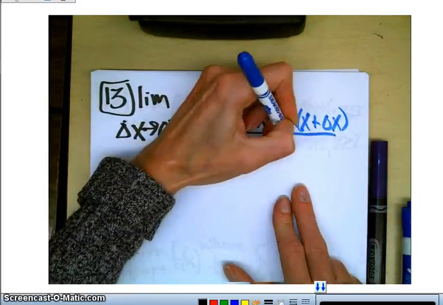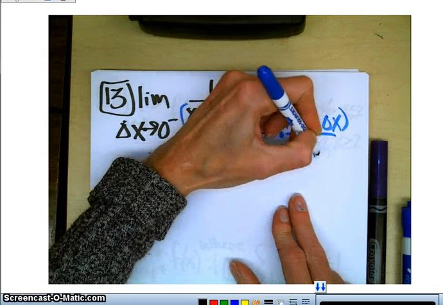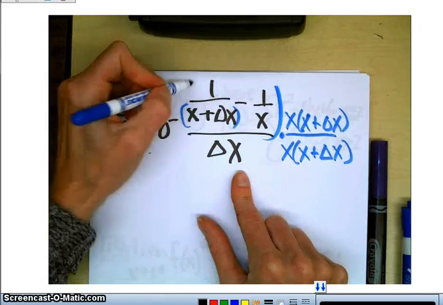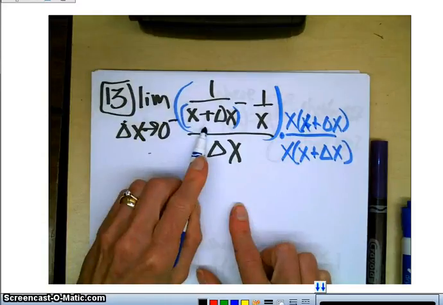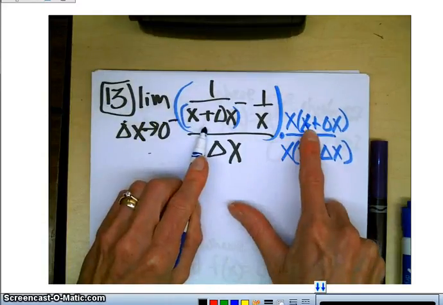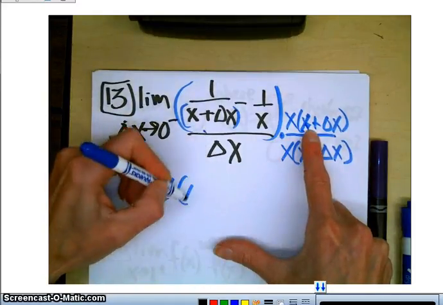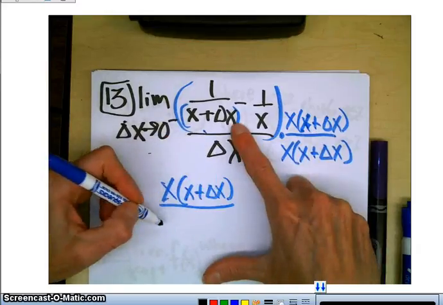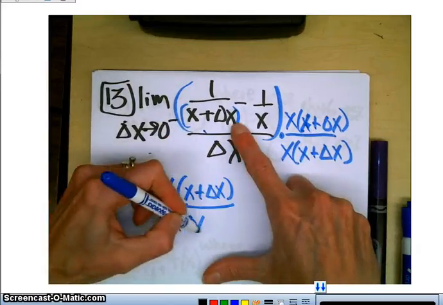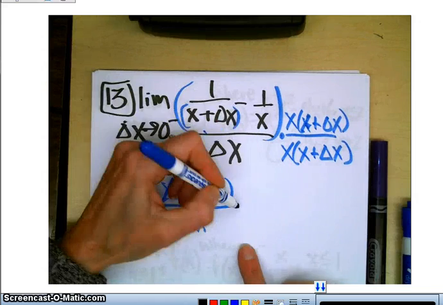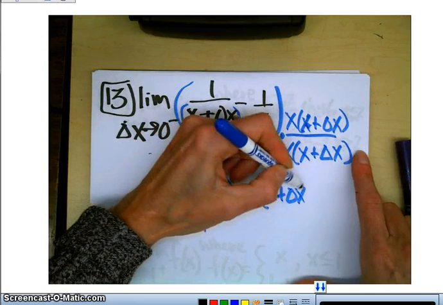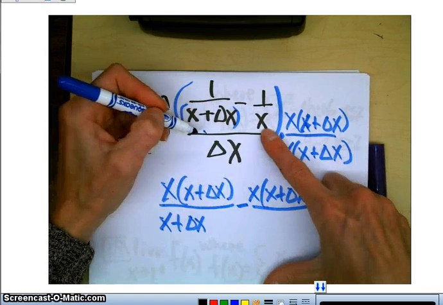All right, so on the top, if I distribute this times this is on the top, and this is on the bottom, minus, this is on the top, and x is on the bottom.